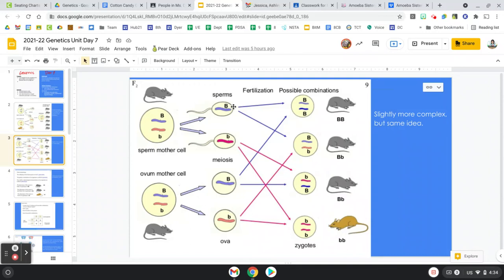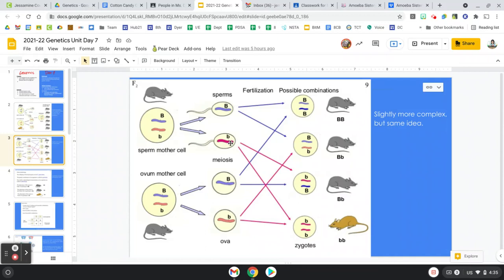So now, if you're going to draw this especially, you would have to draw through and put in all of these arrows to see that, okay, if you have this sperm fertilizing this egg, then you would get a homozygous dominant offspring. If you have this sperm fertilizing this egg, then you would have heterozygous.